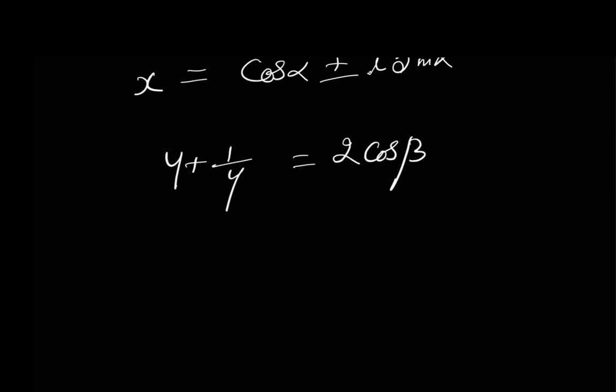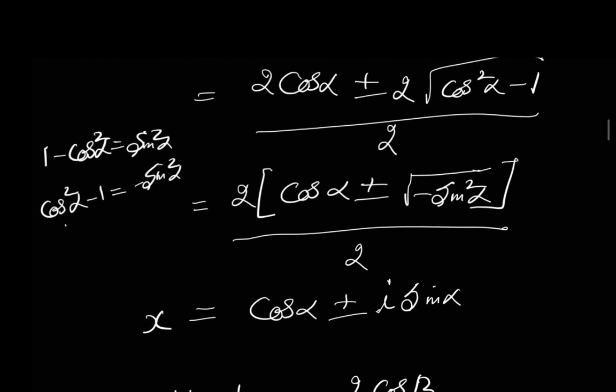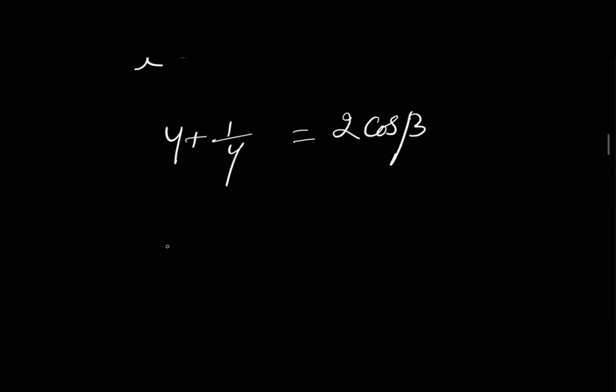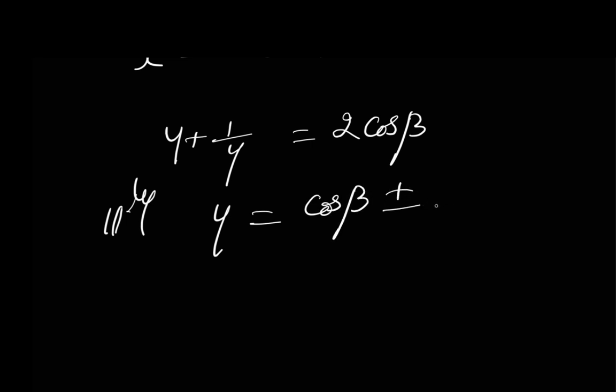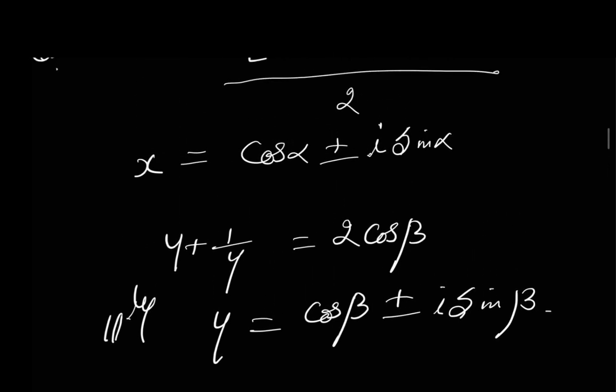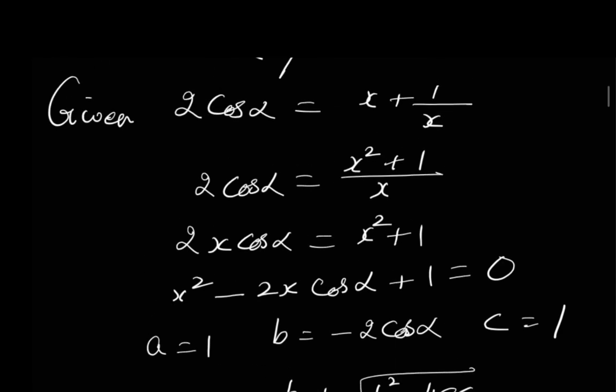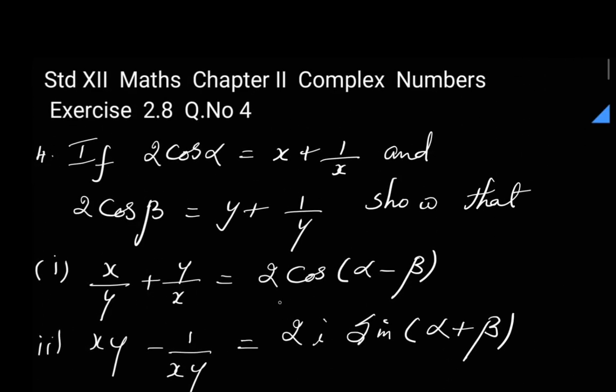If you do the same procedure, we can verify that similarly the same answer you will get: y is equal to cos beta plus or minus i sin beta. So we got the solution: x is cos alpha plus or minus i sin alpha, and y is equal to cos beta plus or minus i sin beta. So using this I am going to prove the answer for the first question.